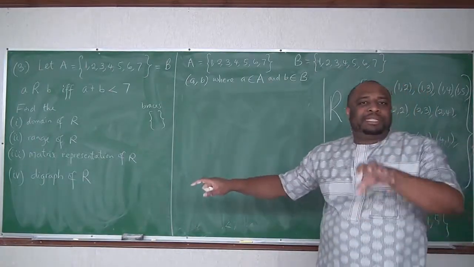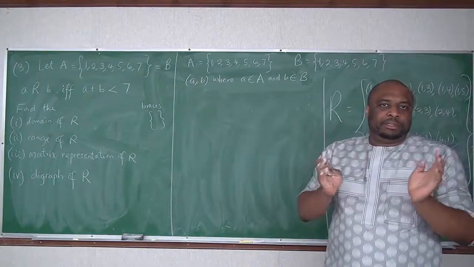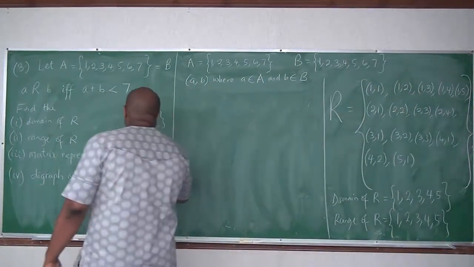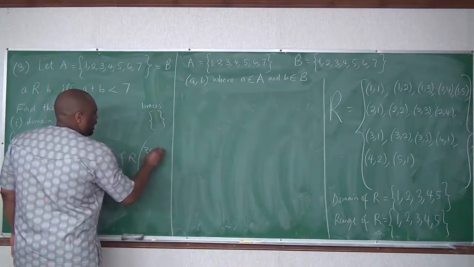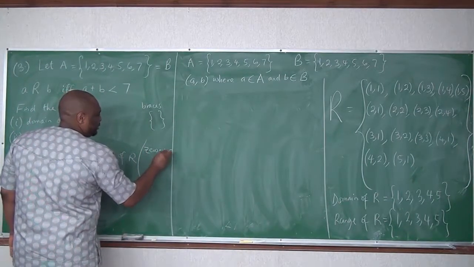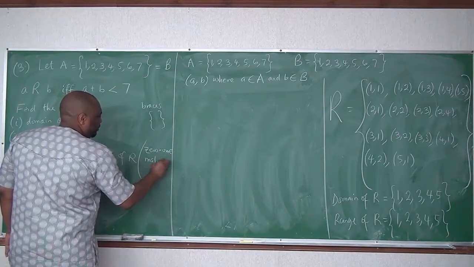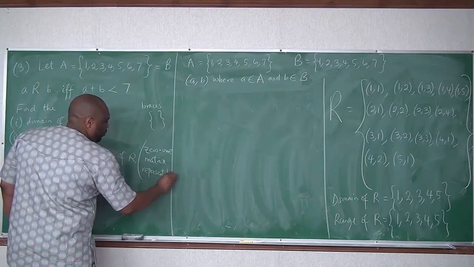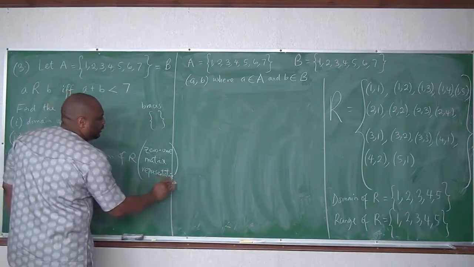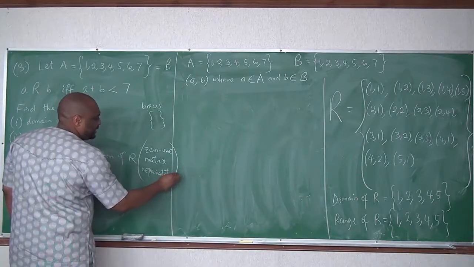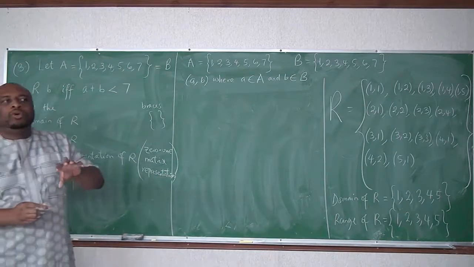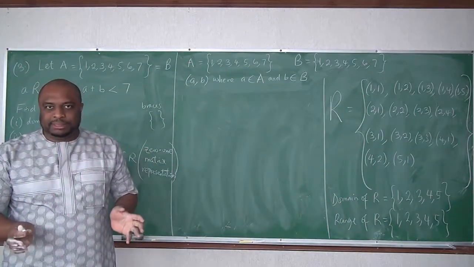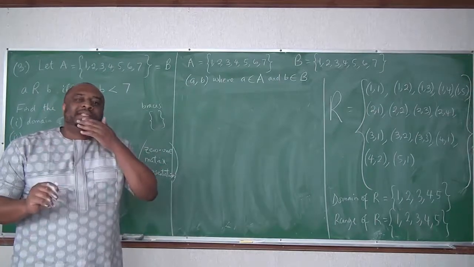But when we use matrices to represent relations, some textbooks call it a 0-1 matrix representation. The elements of the matrices will have to be zeros and ones.